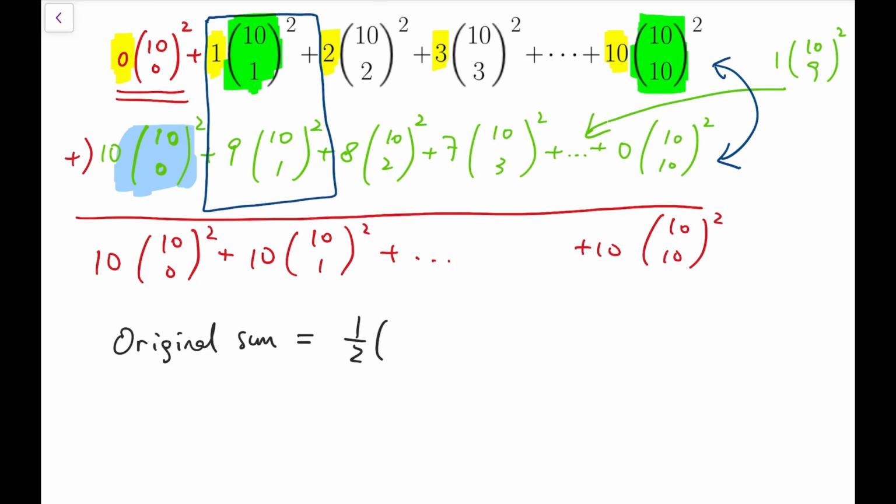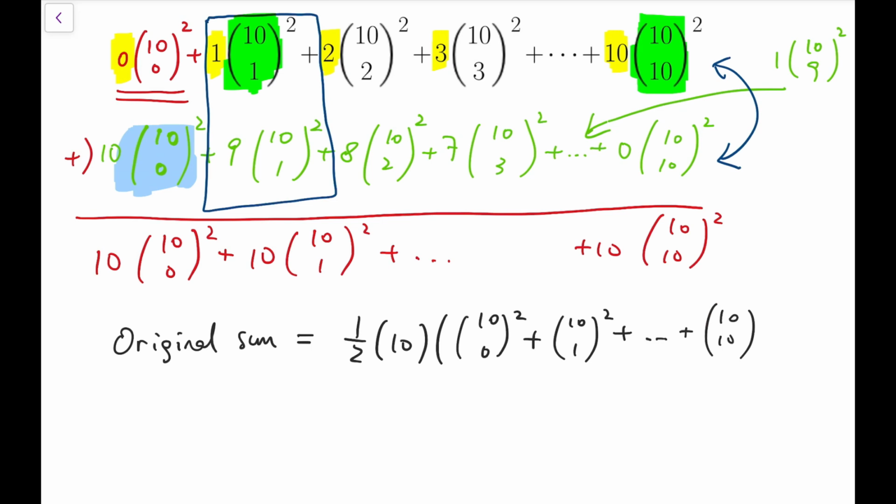And the red terms may be written as 10 times the sum of the squares of those binomial coefficients by taking out the common factor 10. And what remains is to evaluate the sum of squares of the binomial coefficients.